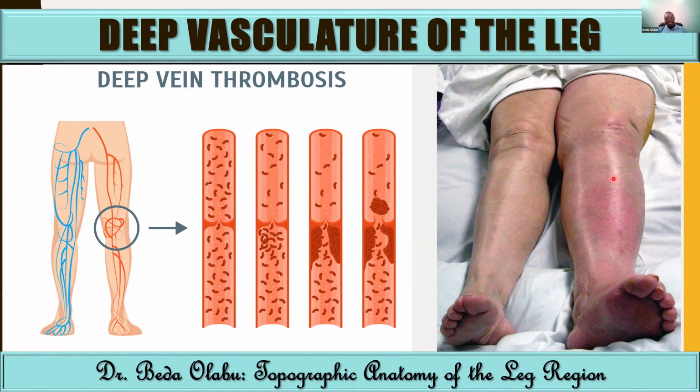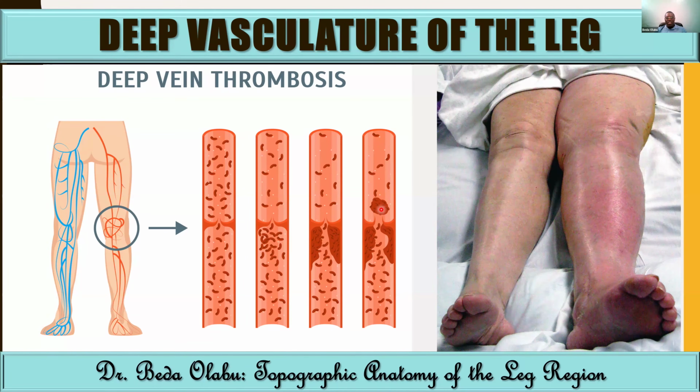But other than that, this clot that has formed can actually dislodge. And if it dislodges, it will now be running within the vascular system. And remember, the veins, as you go back to the heart, become wider and wider, which means that this clot will find it easy to just run like that.